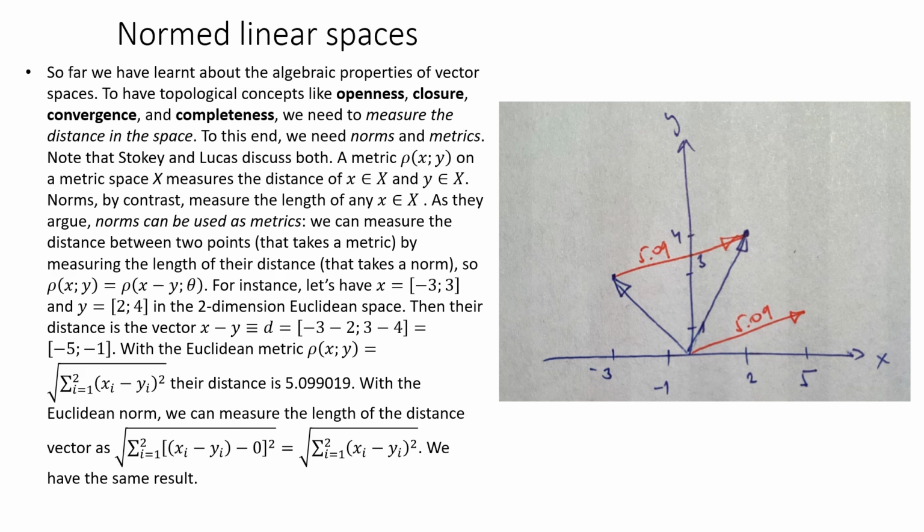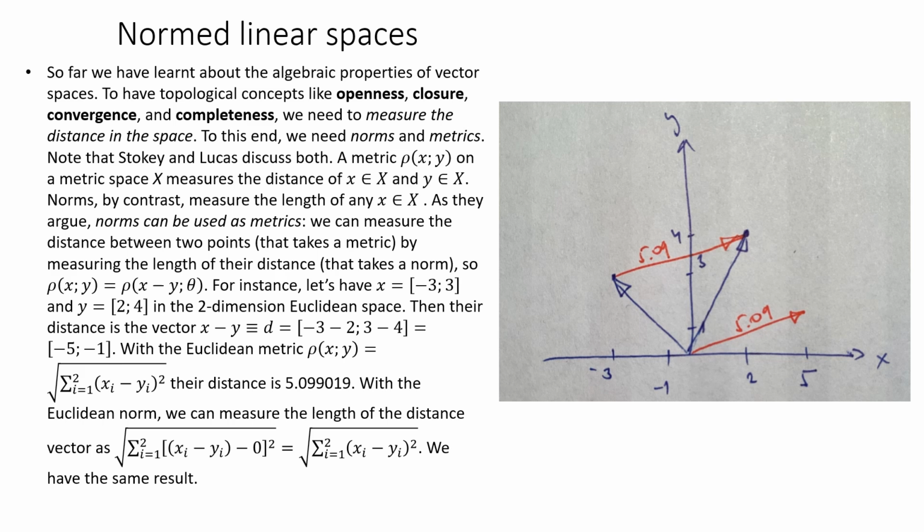So I have a simple example. We have 2 points in the two-dimension Euclidean space, (-3, 3) and (2, 4). As the two-dimension Euclidean space is a linear space, it is closed to addition. So the distance vector, which is (-5, -1), is also a point in the same two-dimension Euclidean space.